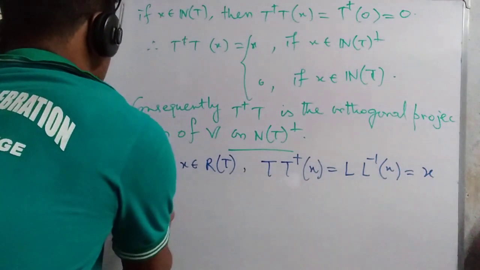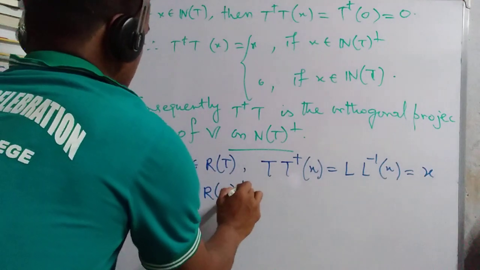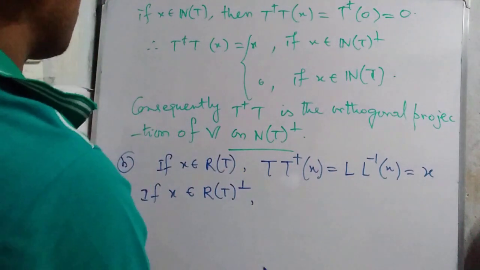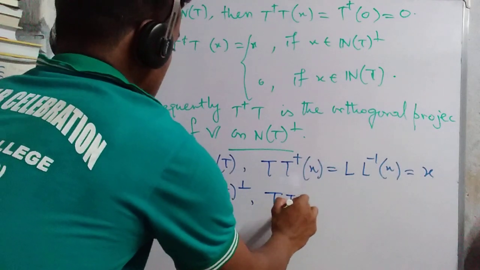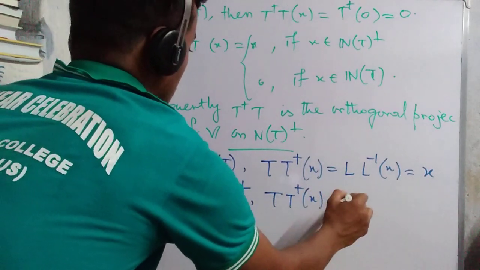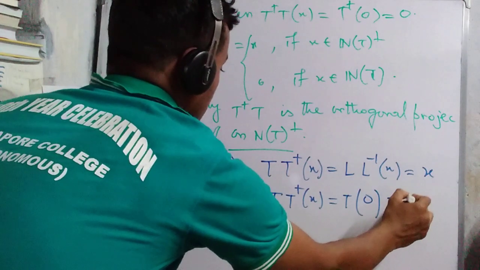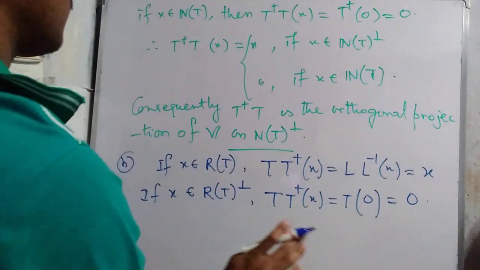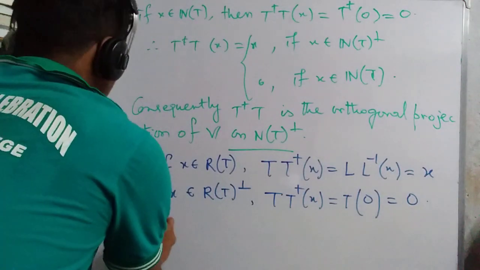And if x belongs to R(T) perp, then T†x equals T†(0), which equals 0. Understood? So this is written in this way.